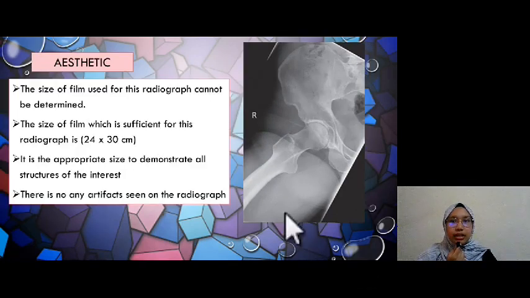Next, for aesthetics, the size of film used for this radiograph cannot be determined. The size of film which is sufficient for this radiograph is 24 times 30 cm. It is the appropriate size to demonstrate all structures of interest. There is no artifact seen on the radiograph.